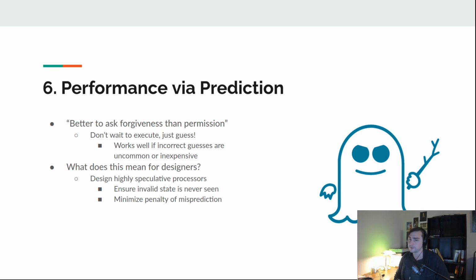But this comes with a number of pitfalls, and I've got the ghost that was the image used for the exploit known as Spectre that was related to speculative execution.